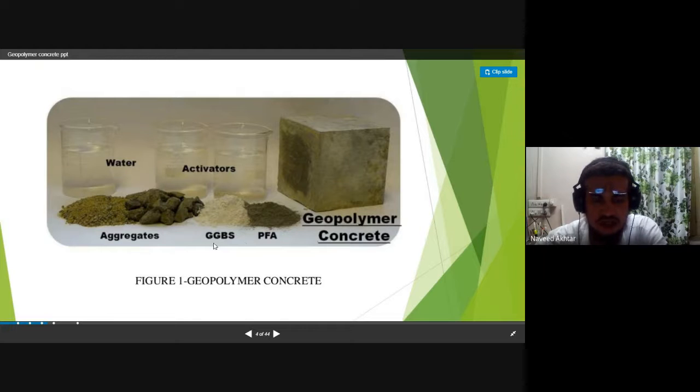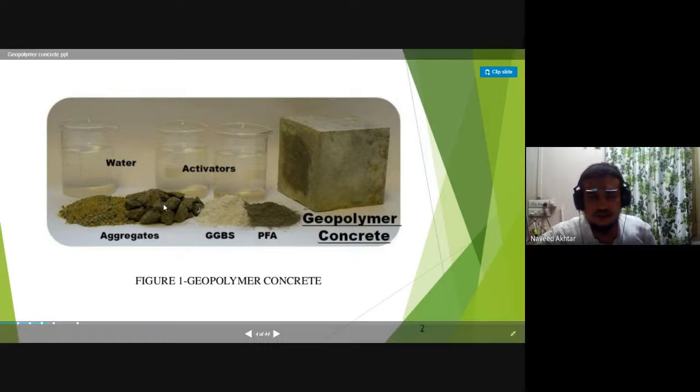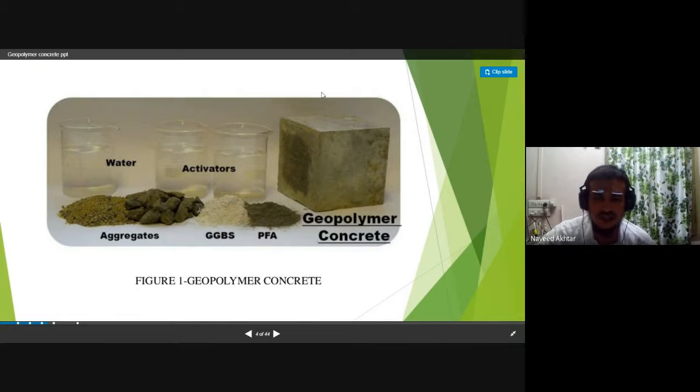It may be NaOH solution and sodium silicate solution, and water. Water is required only to prepare these solutions. Then fine and coarse aggregate, as usual, as we use in normal concrete. So you will get a product the same as normal concrete.